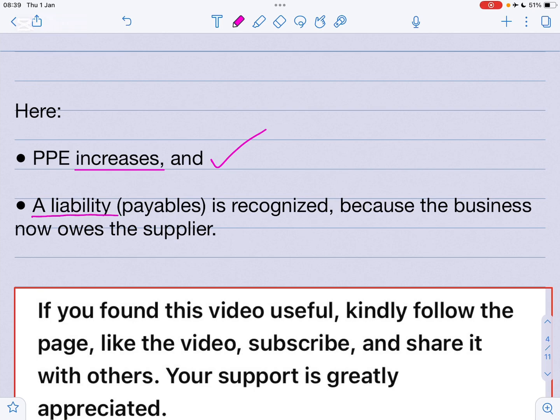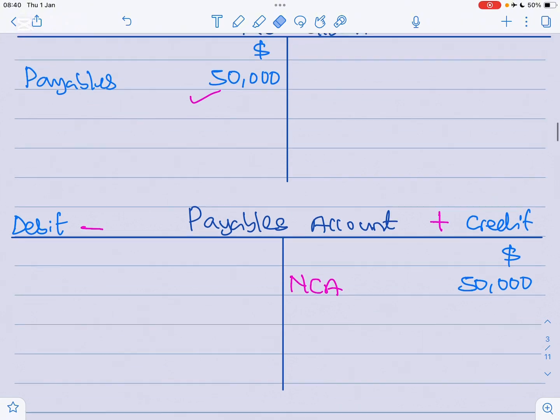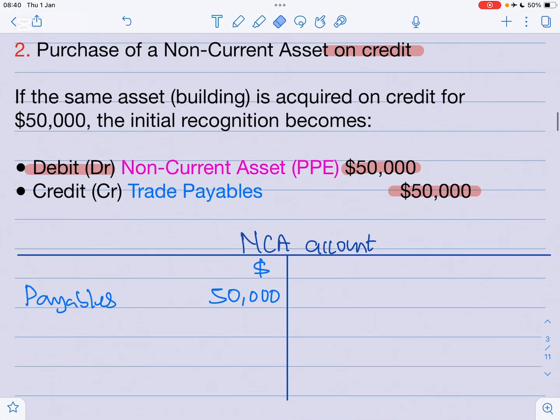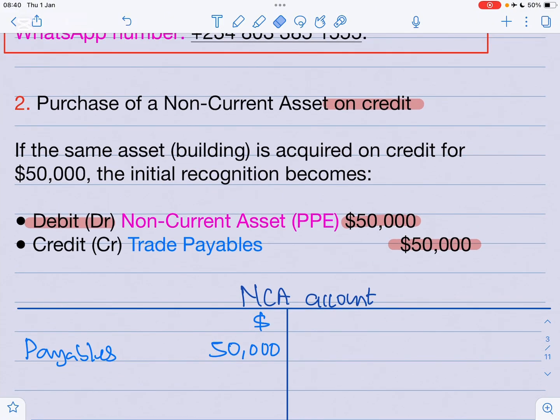And again, for every liability in the liability account, there must be a credit entry. Okay. So that's how to record it if your business has acquired a non-current asset, a fixed asset, by cash and on credit. So the two illustrations, we've been able to do justice to them.